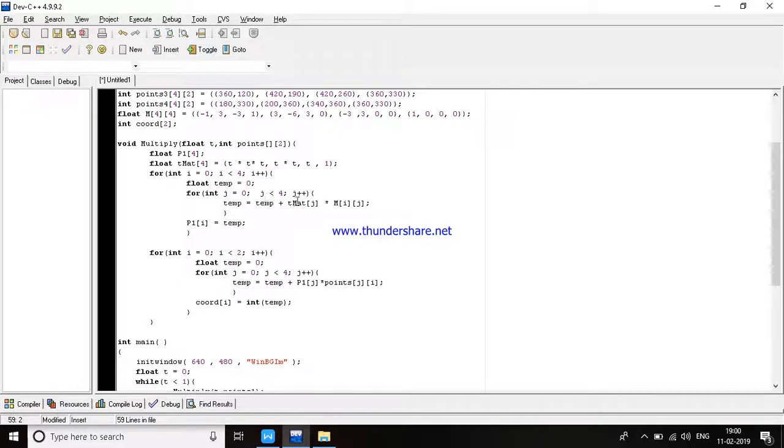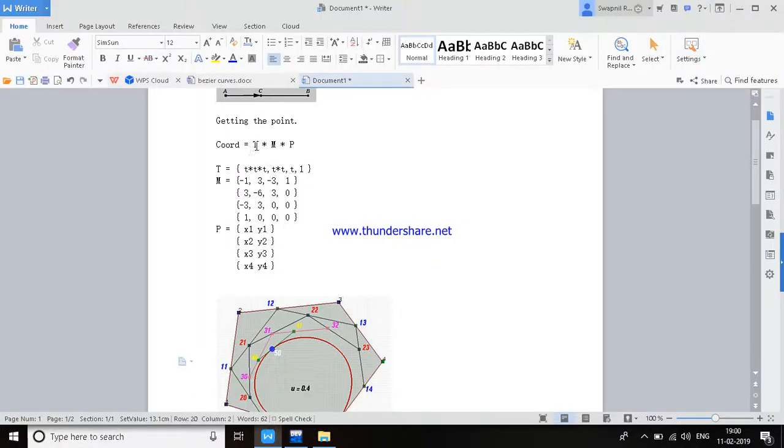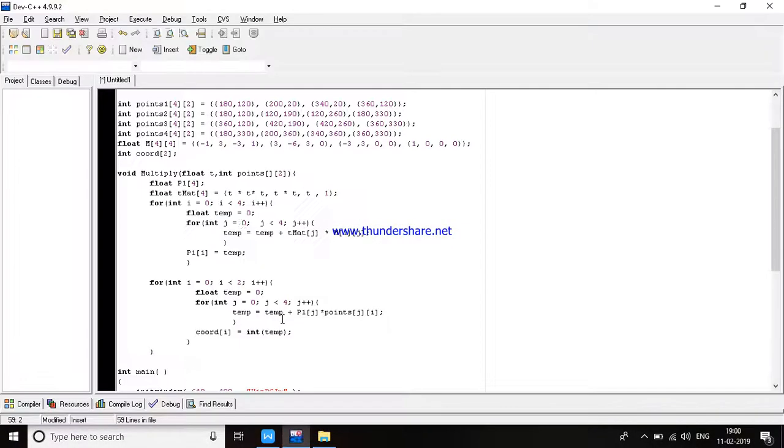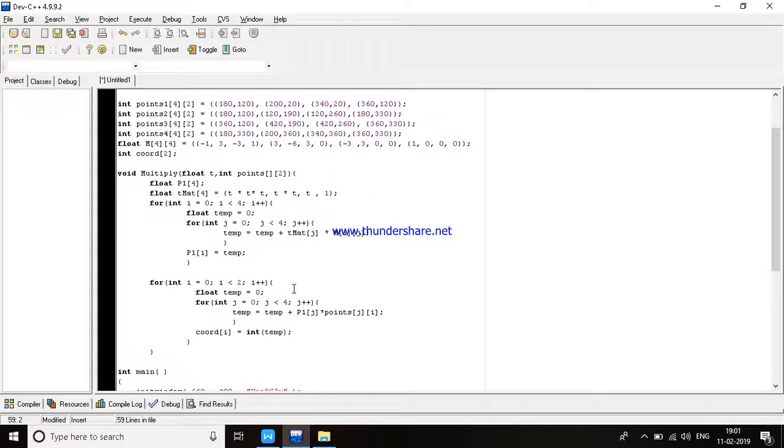You can see first I multiplied the T matrix with the M matrix in this portion of the code. I defined this for loop in such a manner, and after that multiplied that result with the matrix which contains our given points. At the end of the product we get our coordinates.